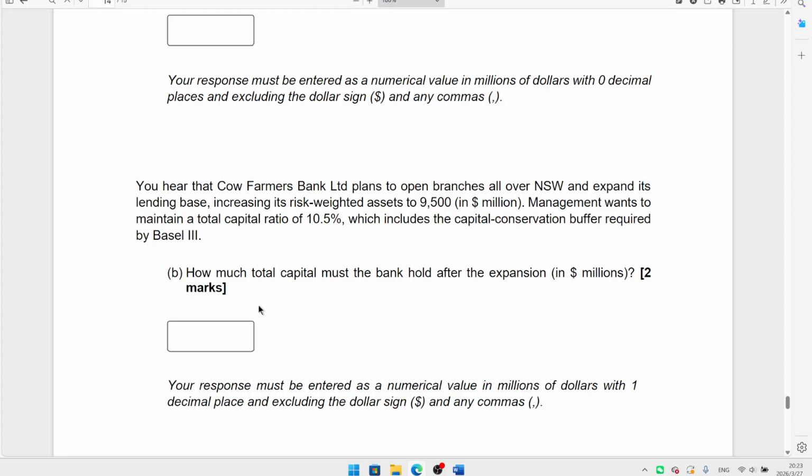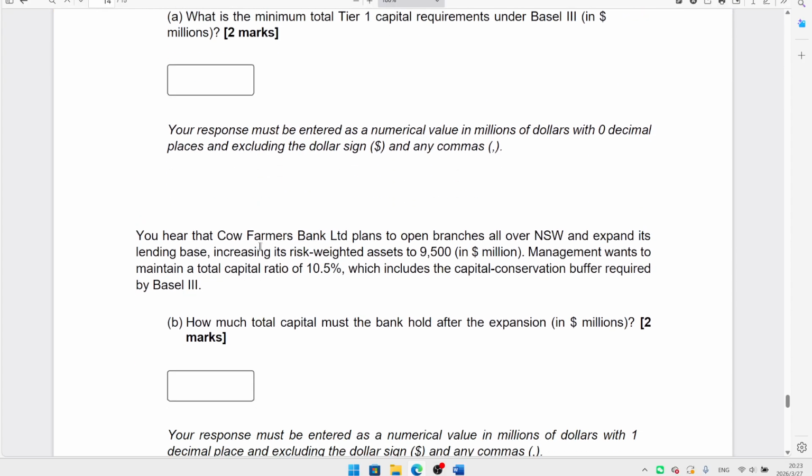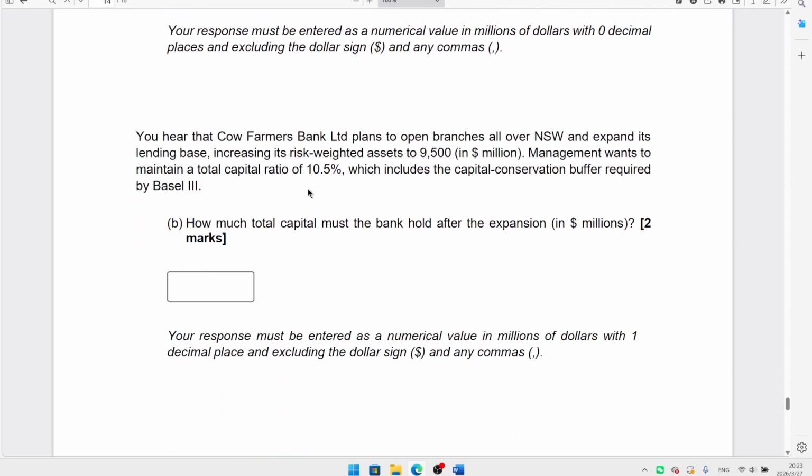Increasing to 95%, so from 8,000 to 9,000 in total capital, which includes the required total capital. How much total capital after expansion in dollar amount, with one decimal?